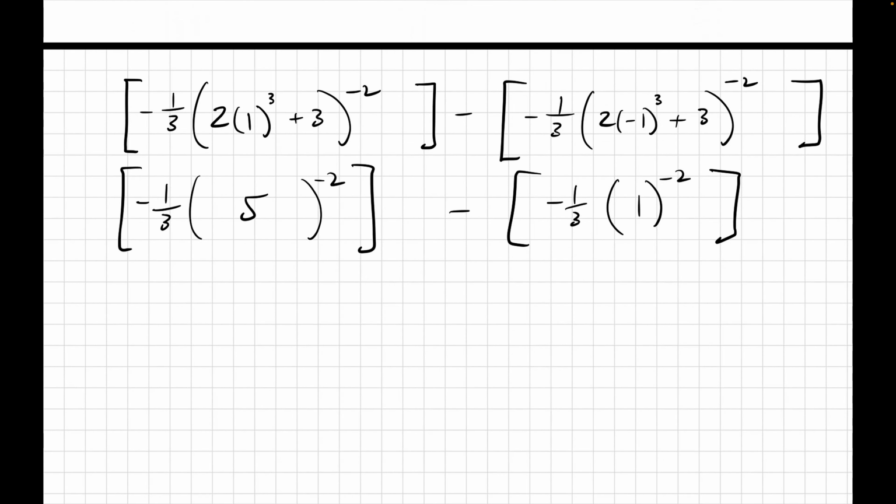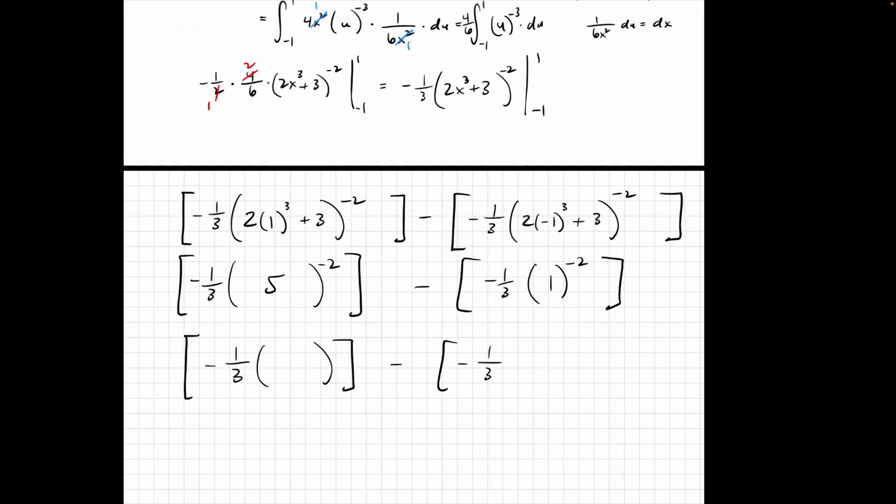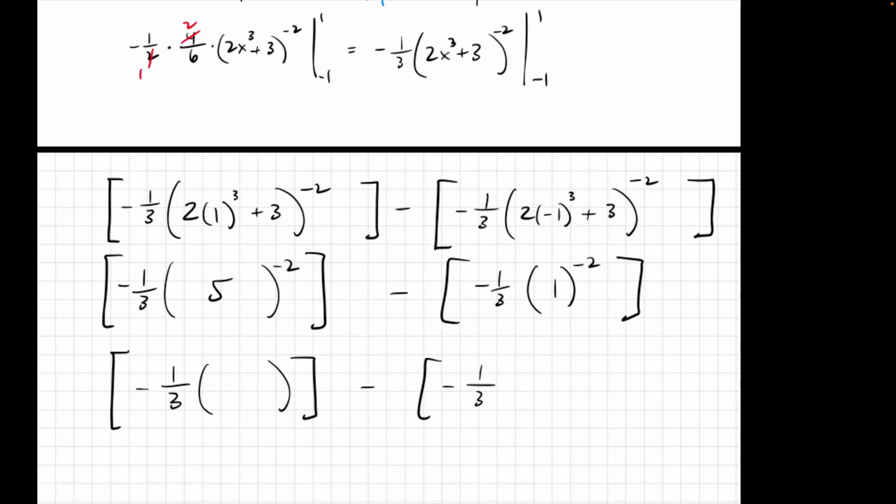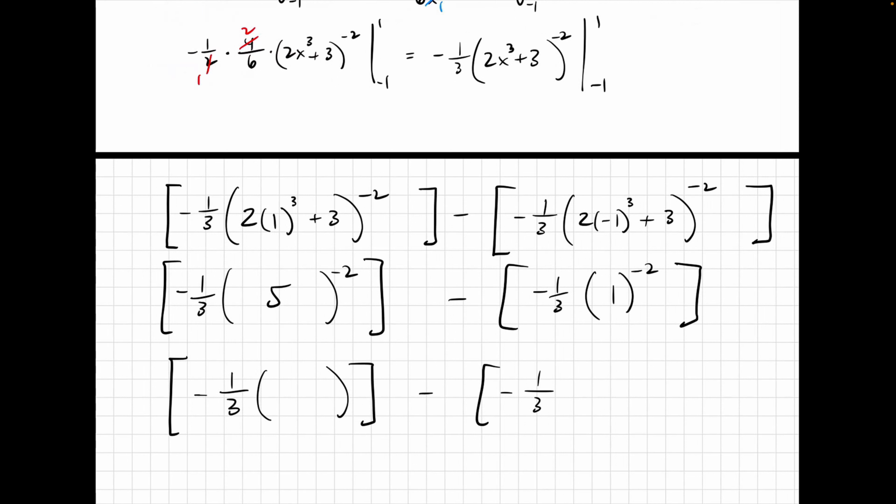What does negative 2 power mean? How do I take something to the negative 2 power? Mr. Flores. Yes. Why is the first one to the third? Shouldn't it be a negative 2 power? Yeah, the outside. Negative 2 power. Never mind.